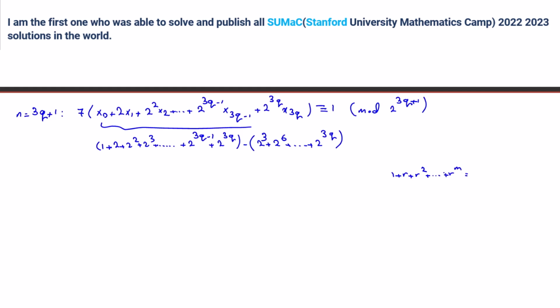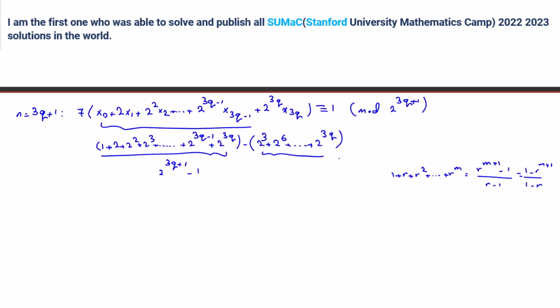One over 1 minus r times 1 minus r to the m plus 1. You can write it also like this or this, right? Usually when r is greater than 1, we use this. So, can you tell me this part is what? That would be 2 to the 3q plus 1 minus 1 over 2 minus 1, which is 1, right?